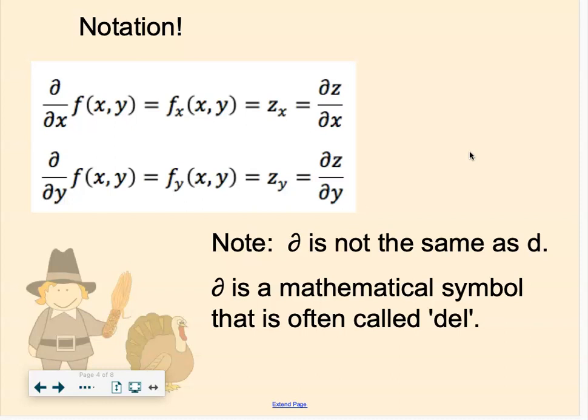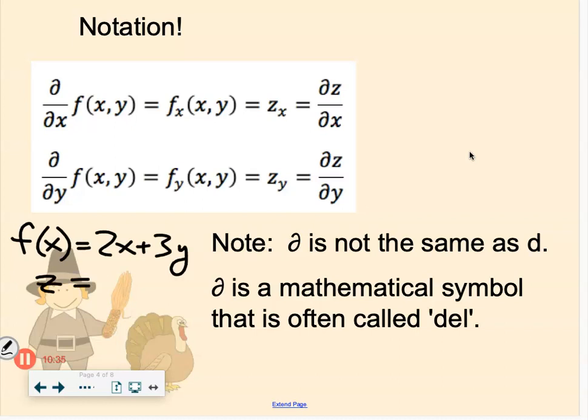Yes, Ian? I understand the Z being a placeholder for the whole f of x thing. Why would it be Z? Z is like your Y in 2 dimensions. Z is now your third dimension. If I write f of xy equals 2x plus 3y, that's exactly the same as writing z equals 2x plus 3y, right?